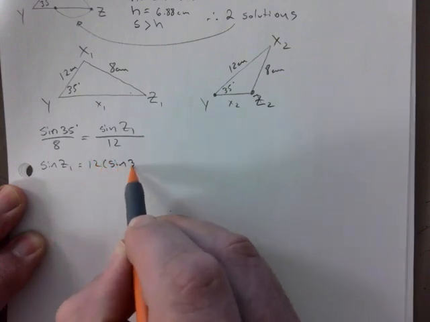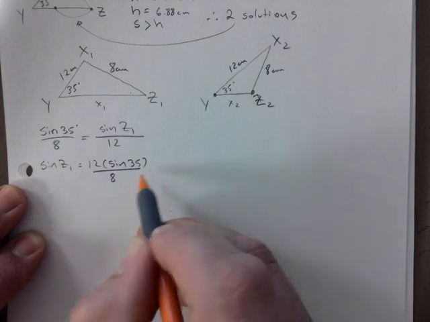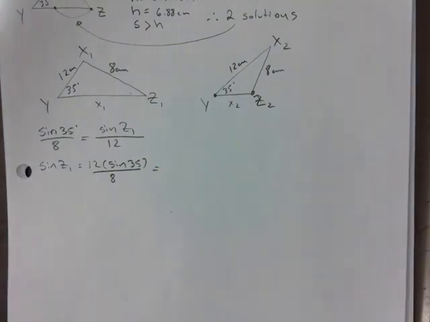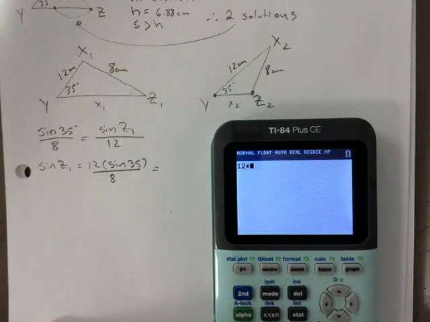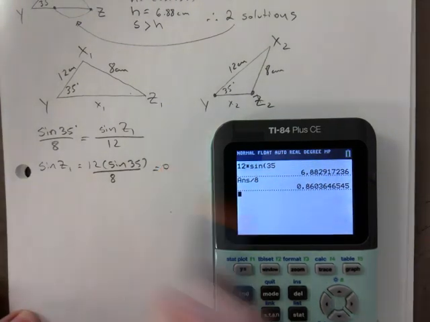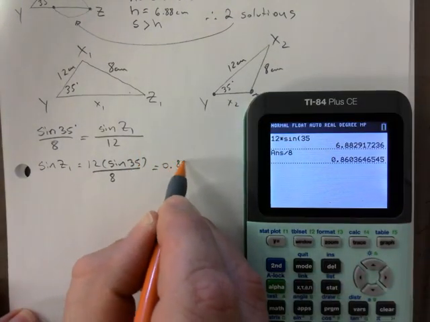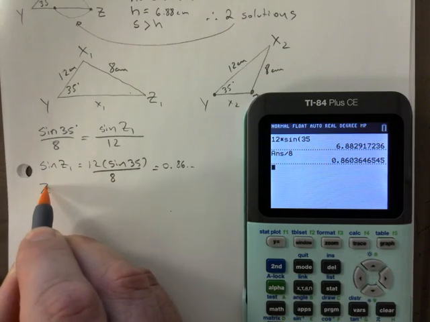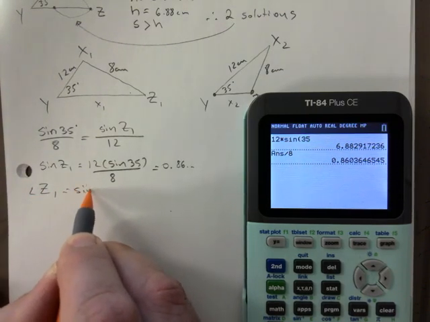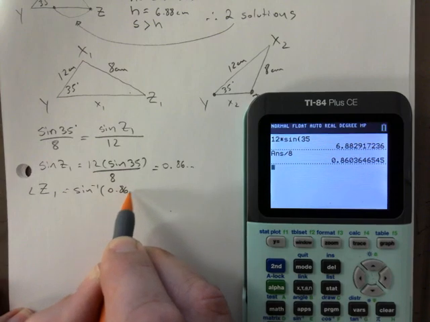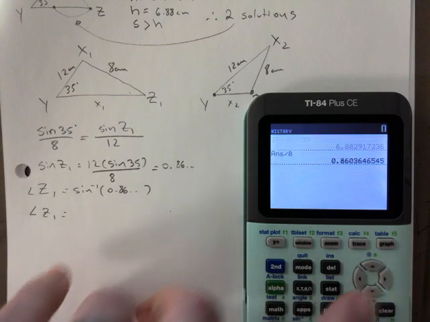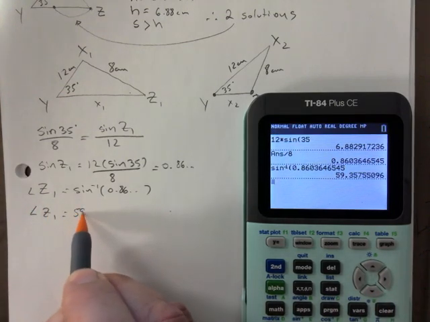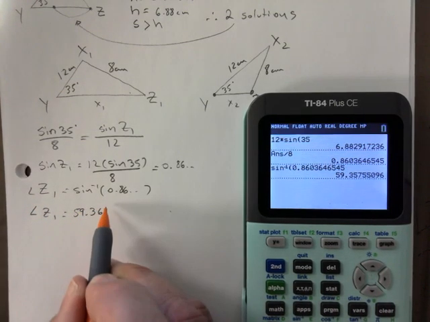12 times sine of 35 over 8. Let's figure out what that is. My key is buried somewhere in my stash of notes, so I'm just going freestyle here. 0.86 something. So angle Z1 is sine inverse of that. So that's 59.36 degrees.